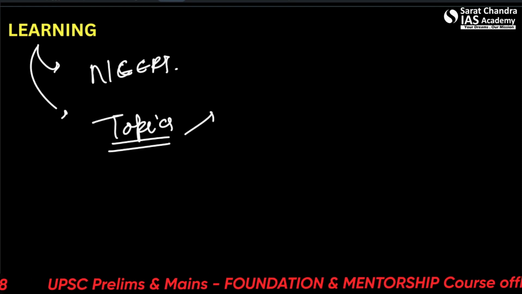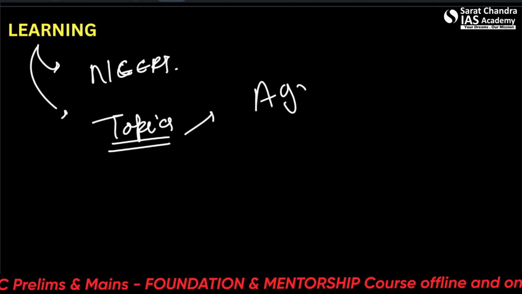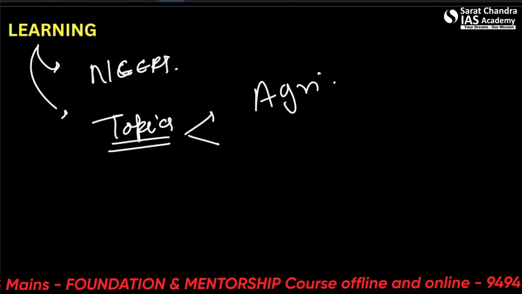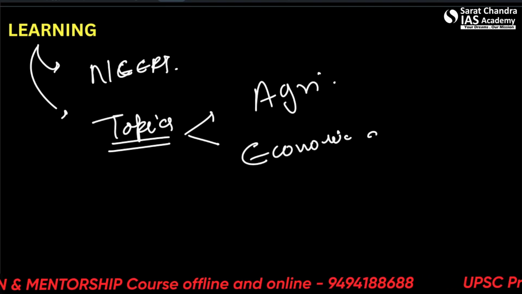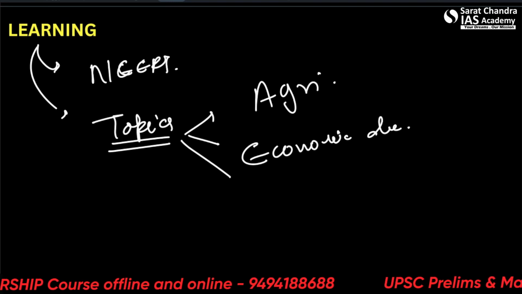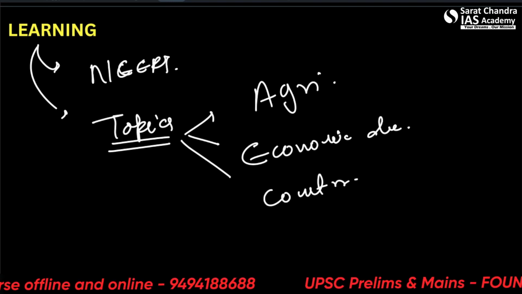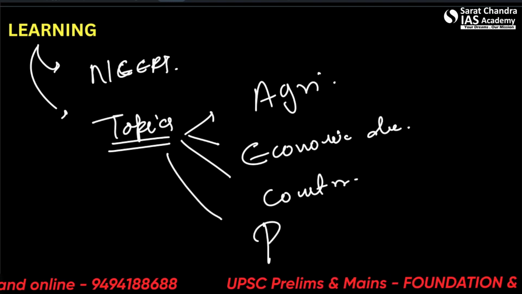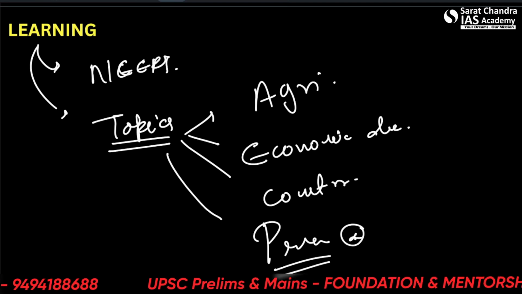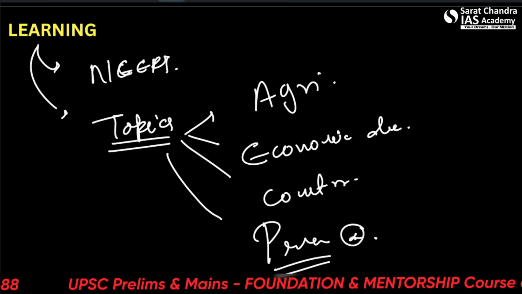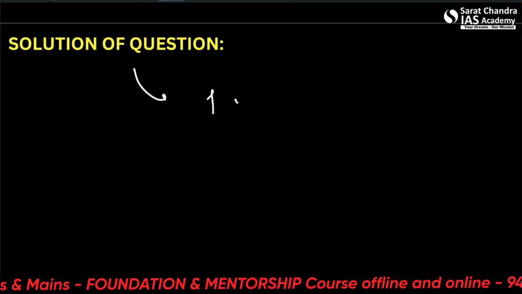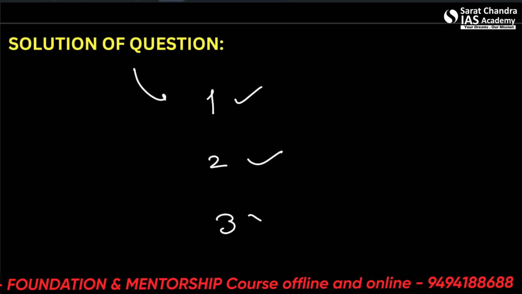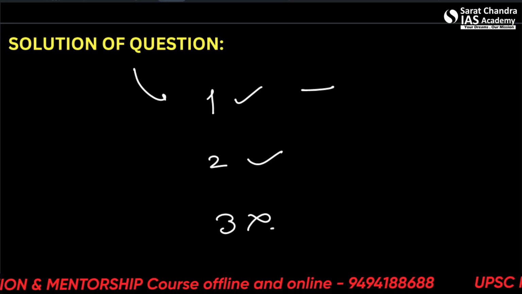This topic was not only connected to agriculture, it was also connected to the economic development of India and other countries, or at least its neighbors, and the present challenges involved in the economic development of our country. The solution of the question is already mentioned. Statement 1 is correct, 2 is correct, 3 is not correct. So only 2 statements are correct.